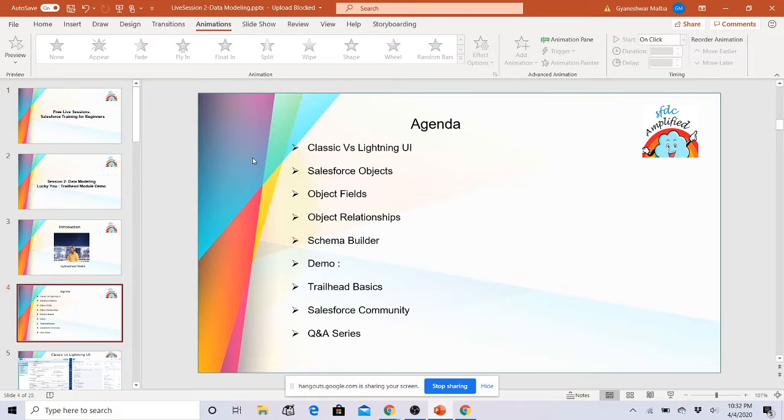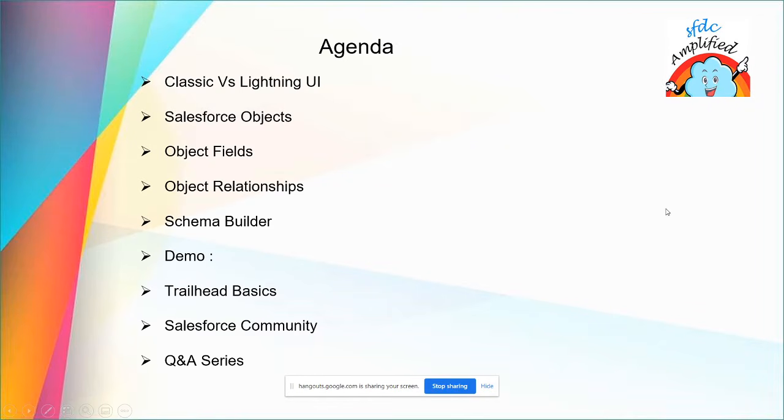So, this is the agenda for today. Just a minute, let me make it full screen. Okay, cool. It will be Classic versus Lightning UI in Salesforce, which is very important because most of the companies are transitioning to Lightning UI.